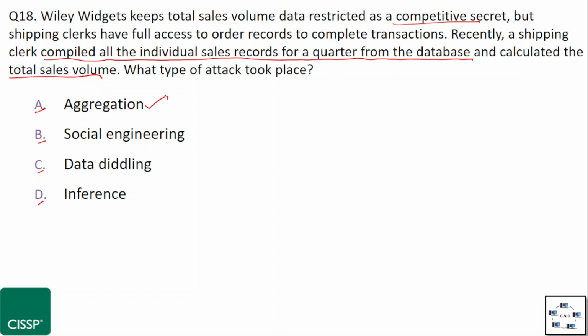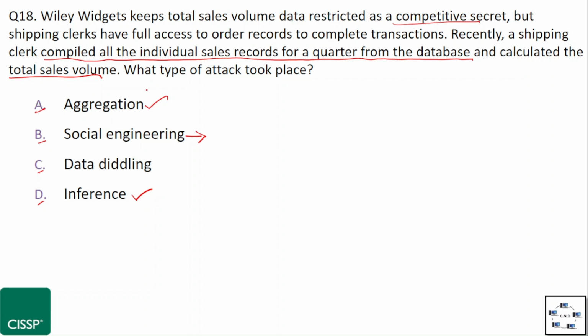Aggregation and inference are basically database attacks. Social engineering is an attack where humans are socially engineered into disclosing sensitive information. Inference is the deduction of information from some other information. It involves deduction or doing some type of analysis.